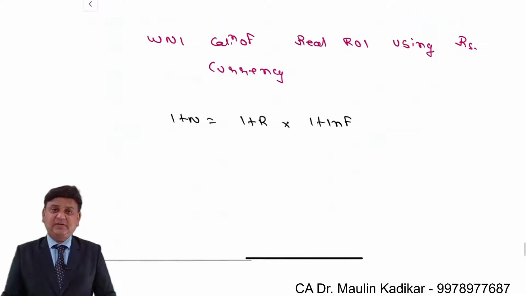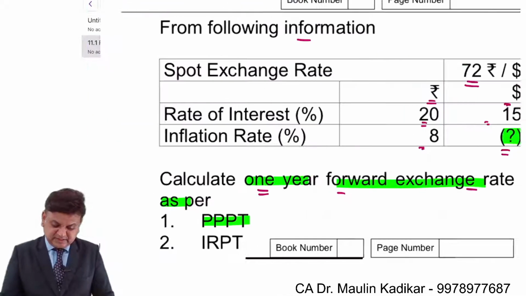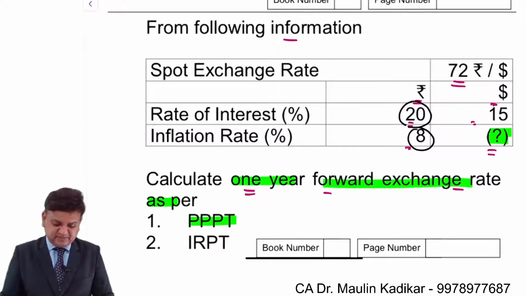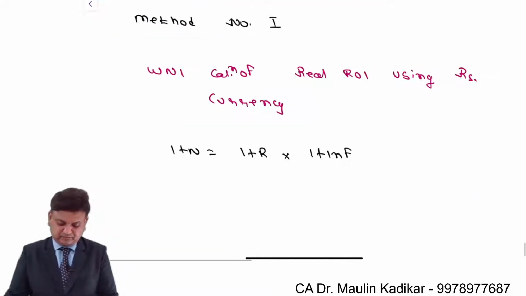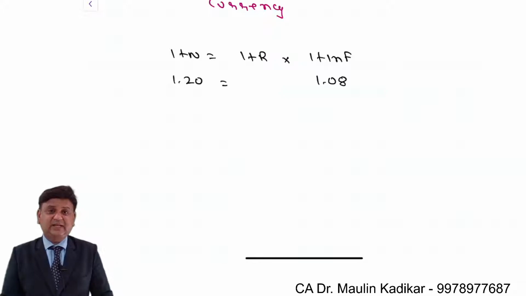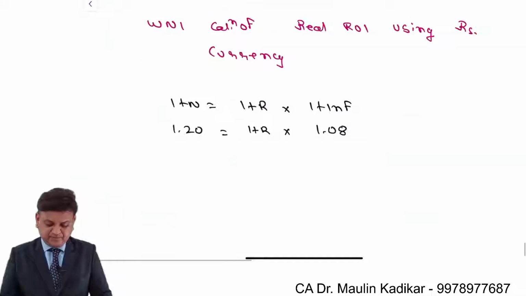Now what is the nominal rate of interest for rupee currency? That is provided to us in the example as 20% and inflation rate is 8%. So this is 1.20, this is 1.08, and the real rate of interest would be found as the balancing figure.